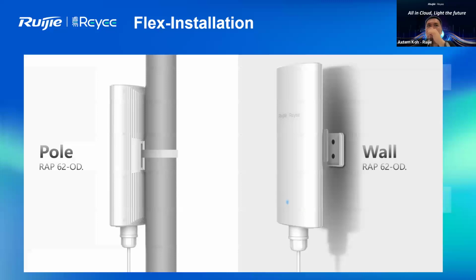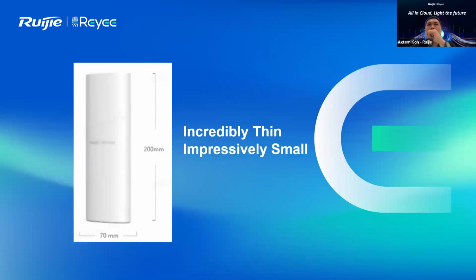And they also support pole installation. They can also support wall installation for this model as well. And the entire outlook, how big is this device? The width is about 70 mm and the height will be 200 mm, 70 mm by 200 mm for this design.